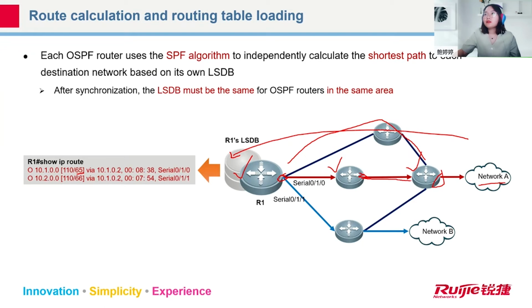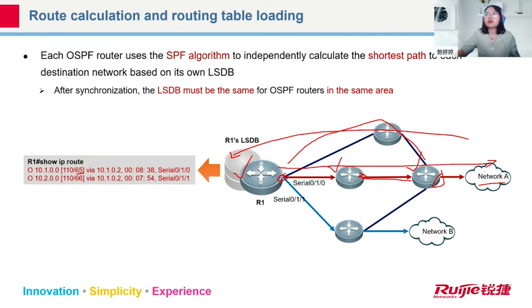On one link, the bandwidth will be the same, right? The speed is the same, but the cost value can be different because we can use a command to change the cost value. So maybe in the result, you will find that according to different plans, for Router 1 to visit Network A, the best path is the red one.